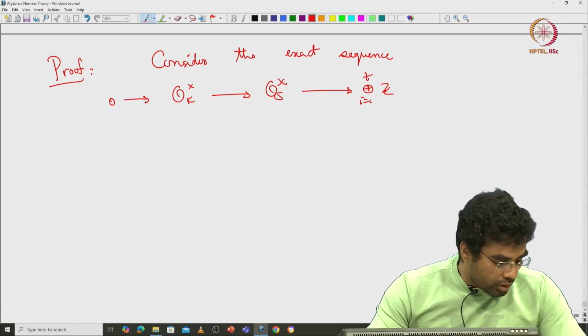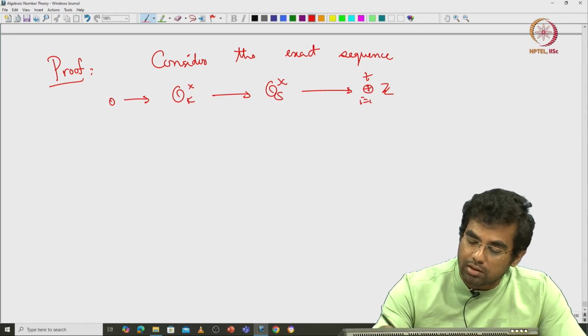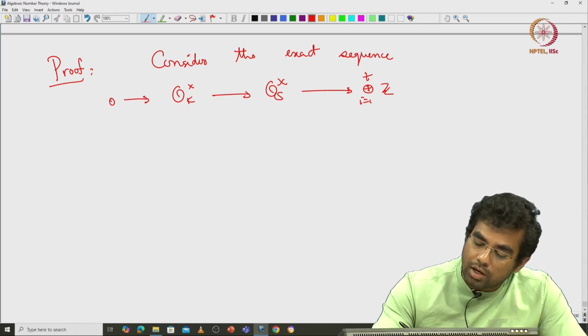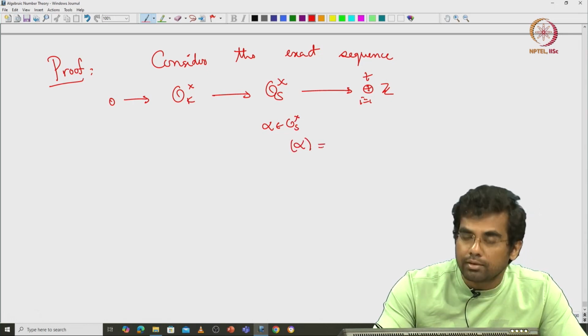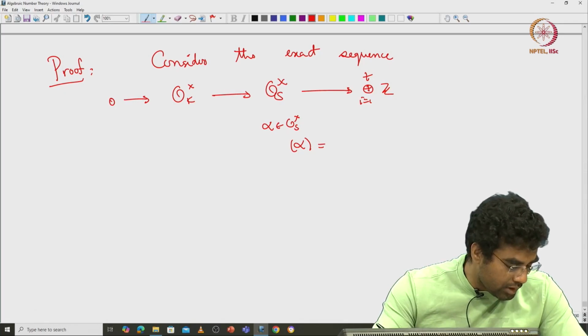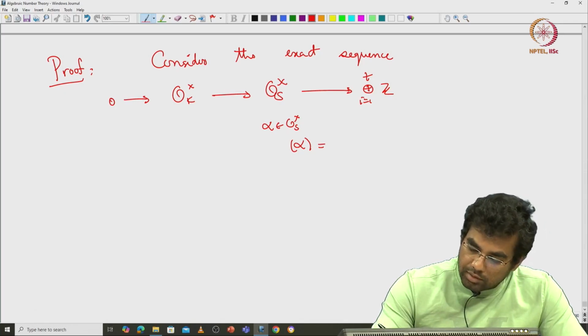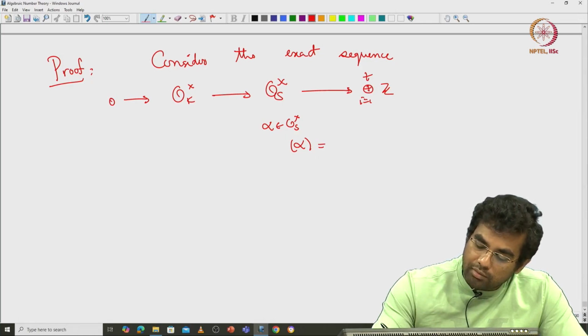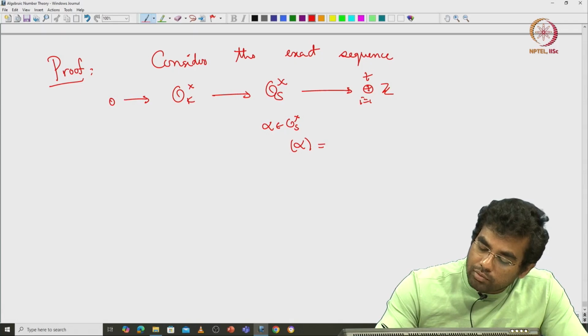So how is this map defined? Let me take α in O_S^× and look at the ideal generated by α. The numerator can have various things, but the denominators will have primes in S anyway.